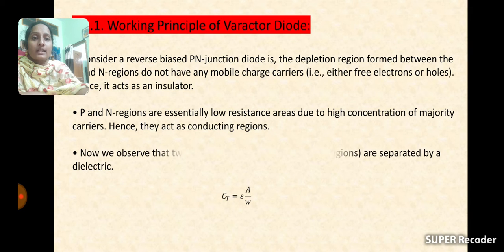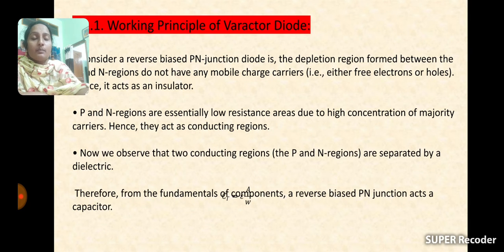See here, already explained the working principle also, but once you have a look at the slide. While considering a reverse biased PN junction diode, the depletion region formed between the P and N regions does not have any mobile charge carriers. Mobile means moving majority carriers, either electrons or holes. Simply, it acts as an insulator.